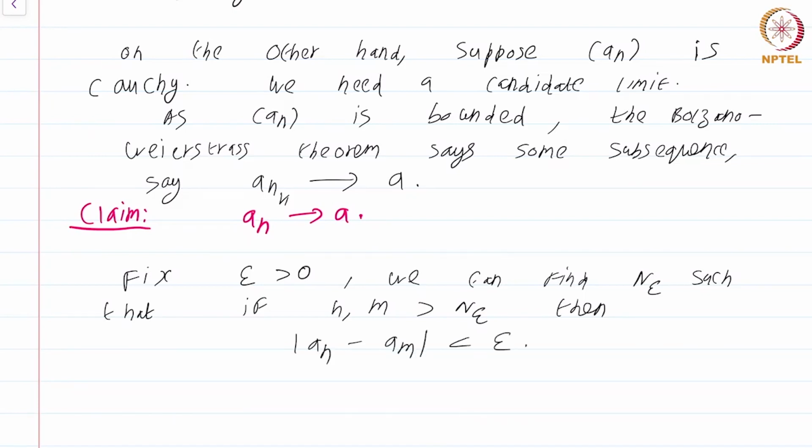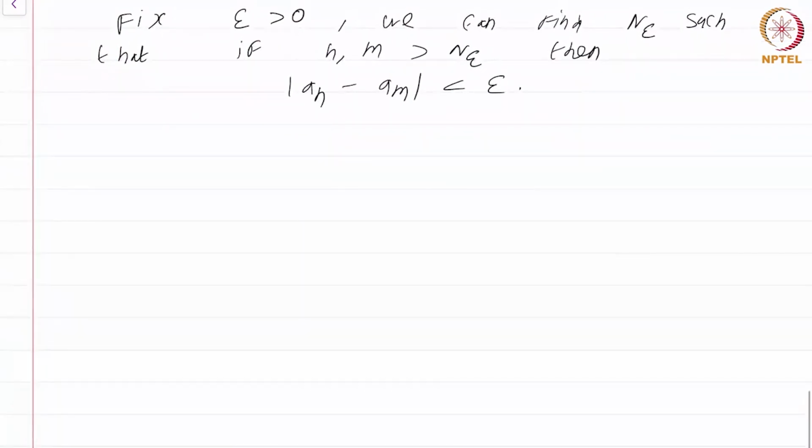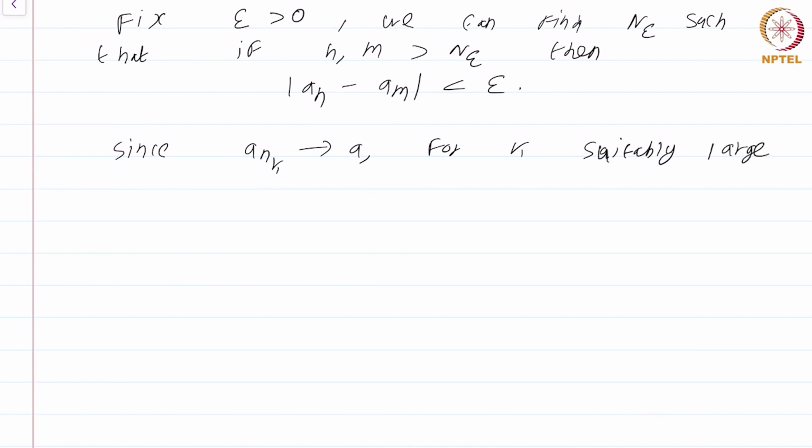This is the very definition of a Cauchy sequence. Now, since a_{n_k} converges to a, for k suitably large, |a_{n_k} - a| is less than epsilon.